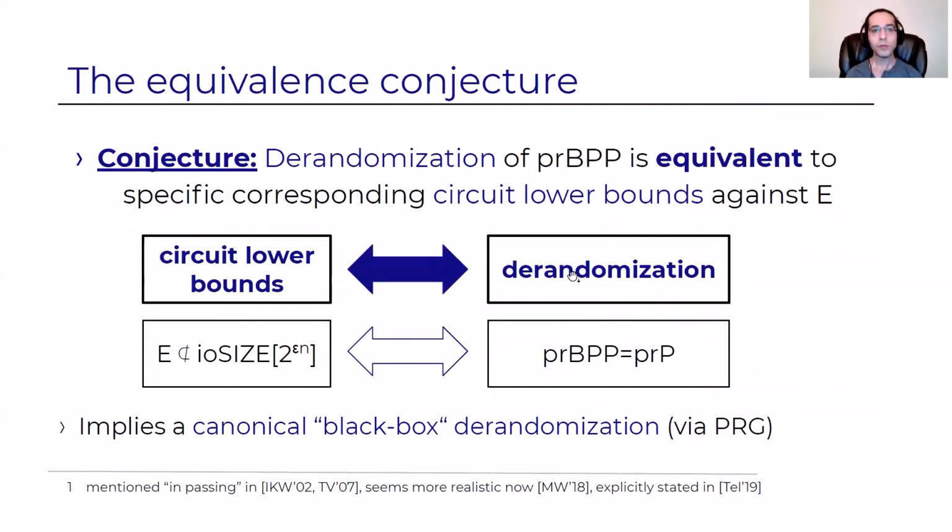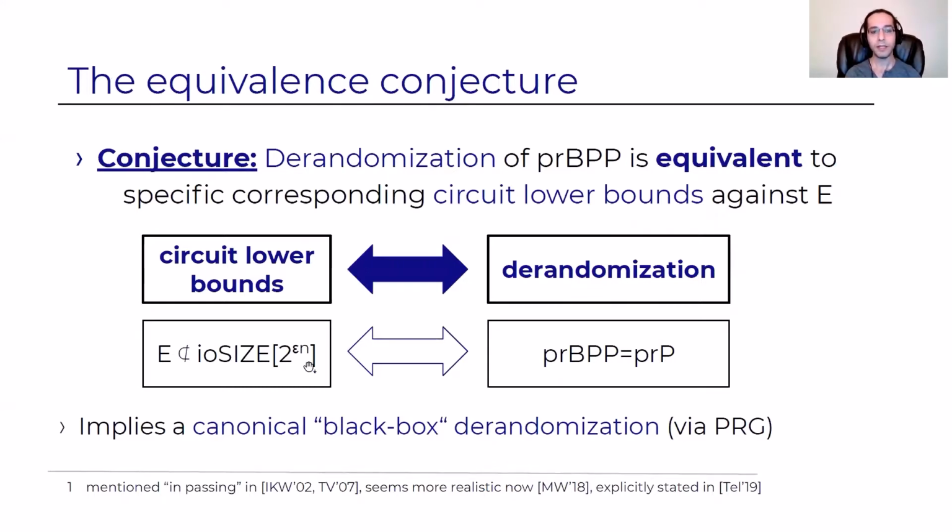And now I can introduce what I'm going to call the equivalence conjecture. And this conjecture asserts that the derandomization of BPP is completely equivalent to specific corresponding circuit lower bounds against E. So essentially we get an if and only if.